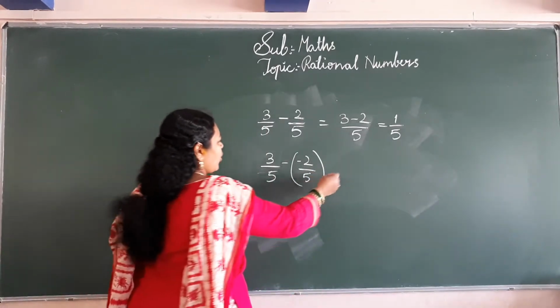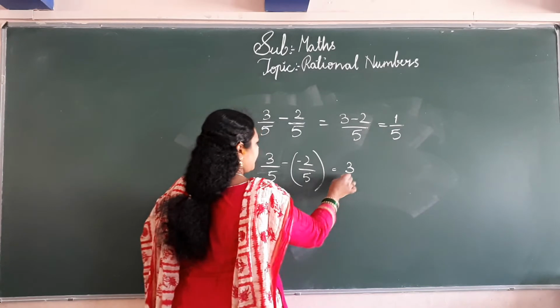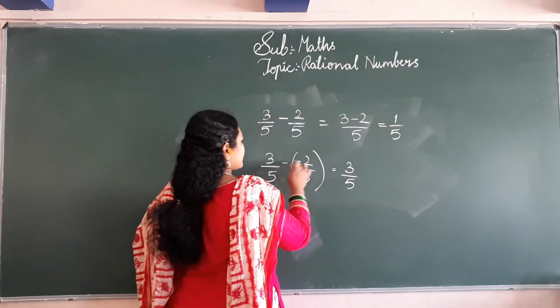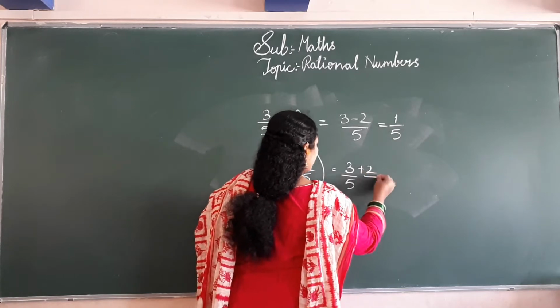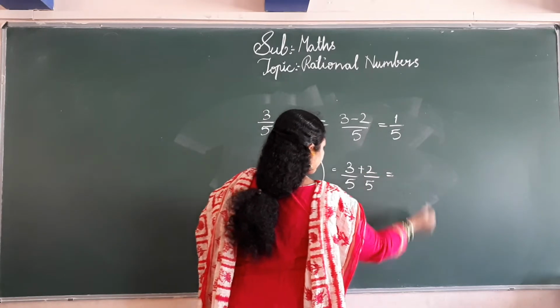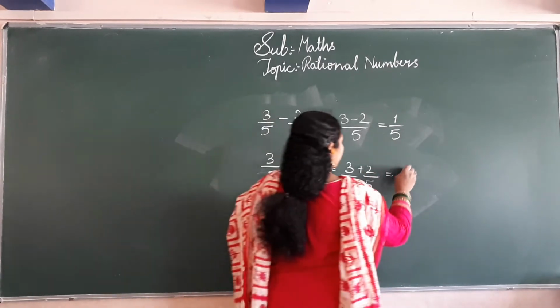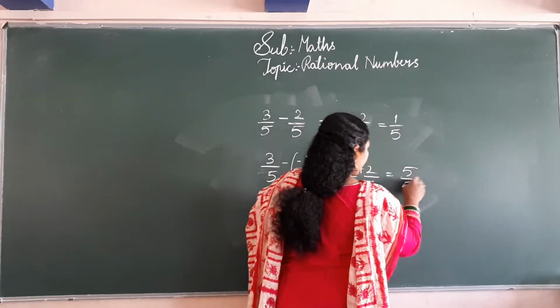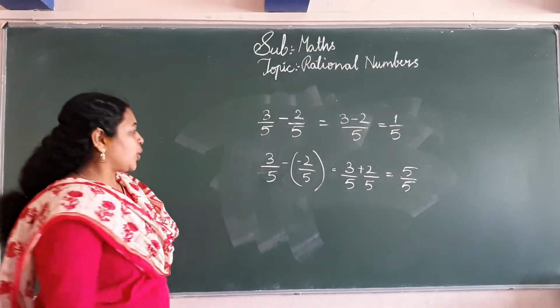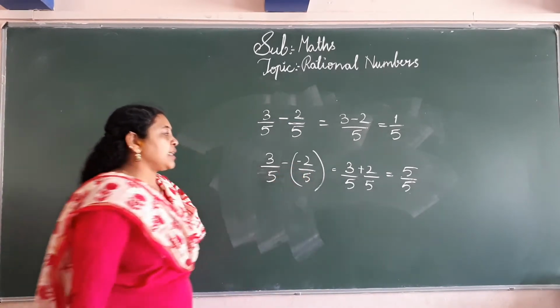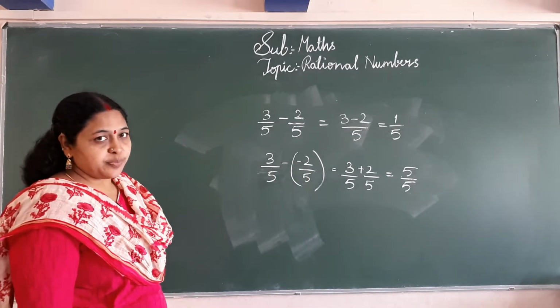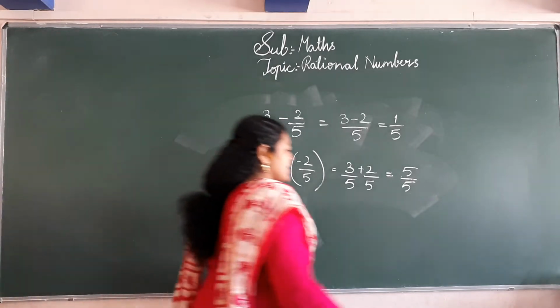Now what do we do? 3 by 5 plus, minus into minus is plus, 2 by 5. So it becomes 5 by 5. Only when you get negative numbers do we have to use the integer form. The process is the same.